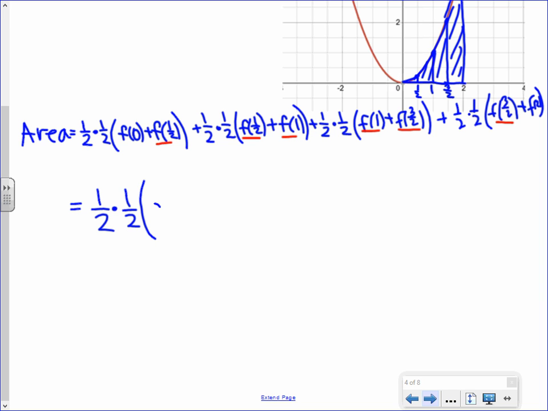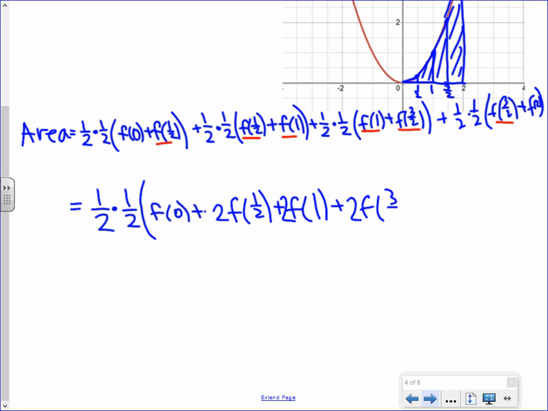So our first base we use once. Our next bases we have to use twice. And our last base, we have to use once. Okay, so it's going to be like this every time.